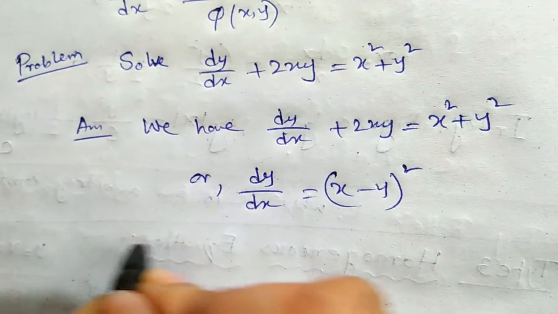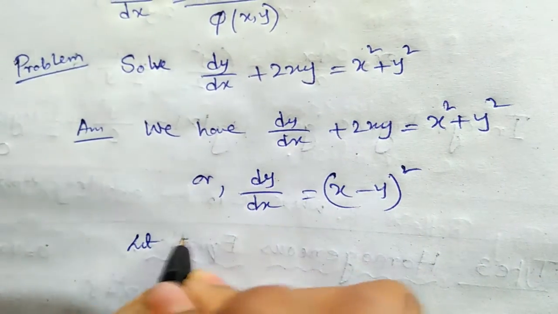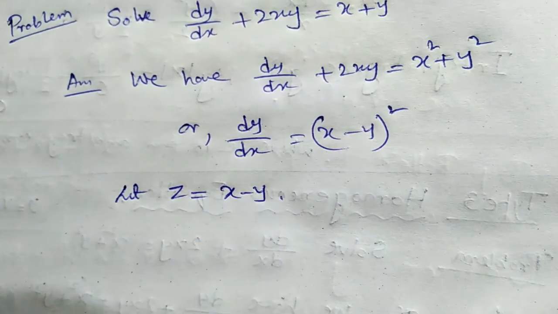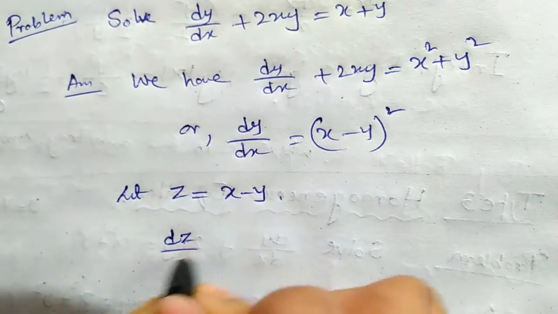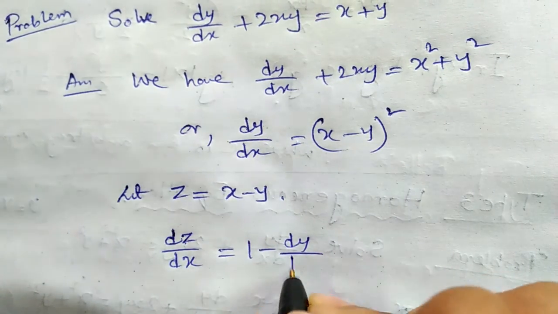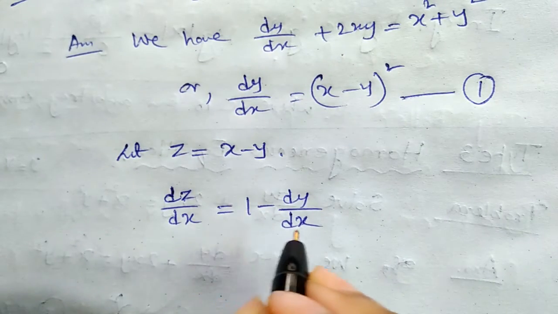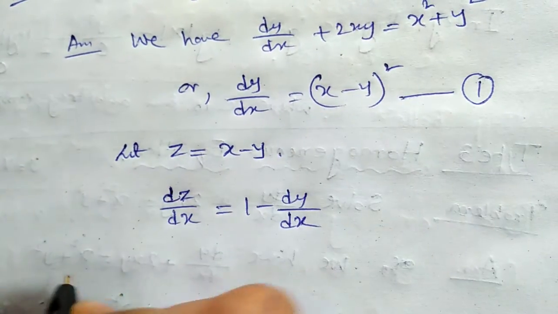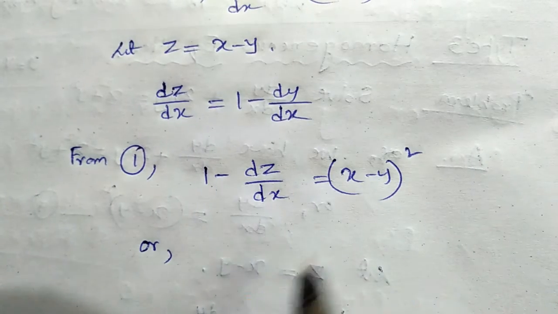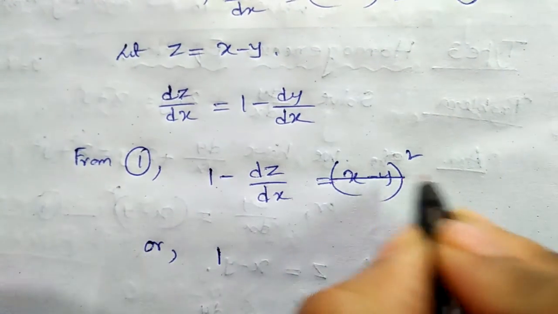Now we put x minus y as z. Differentiating with respect to x, we get dz/dx equal to 1 minus dy/dx. Numbering it as 1, putting the value of dy/dx in 1, we get this, and here this is also z square.